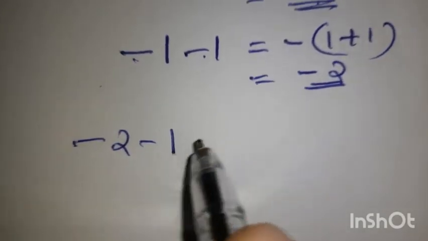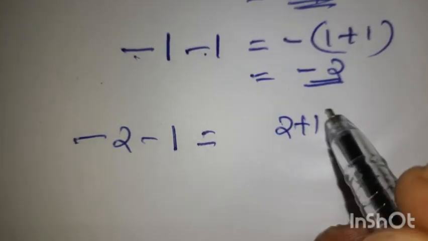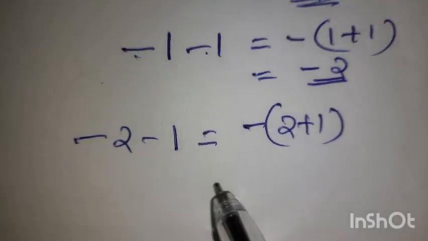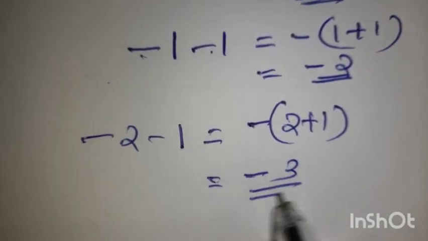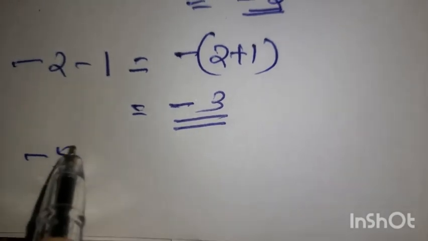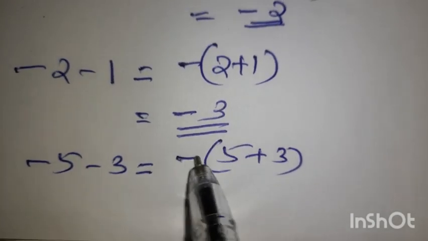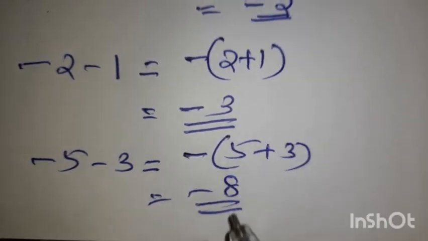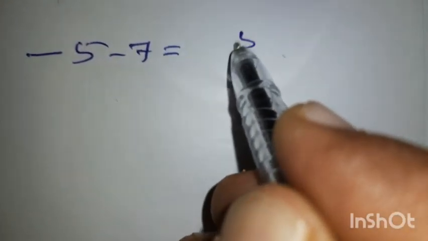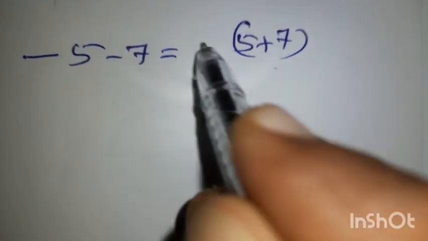Minus 2 minus 1. 2 plus 1 and keep the minus. Minus 3. Minus 5 minus 3. 5 plus 3 and keep the minus. So minus 8 is the answer. Minus 5 minus 7. 5 plus 7 and keep the minus.